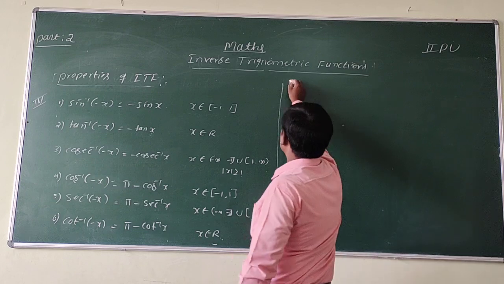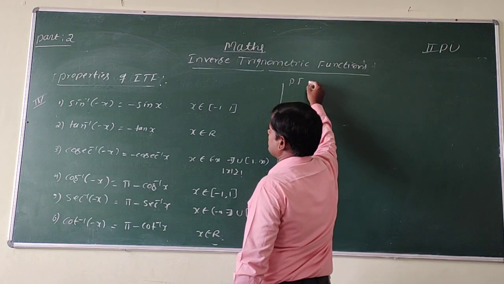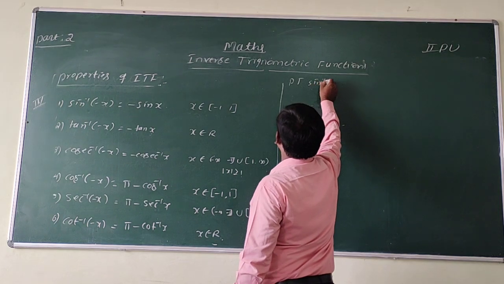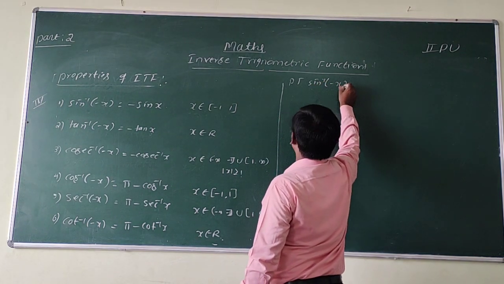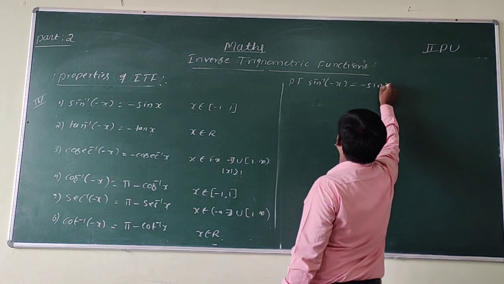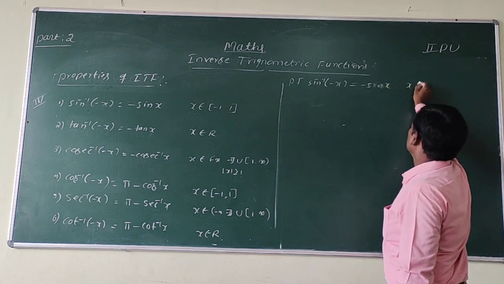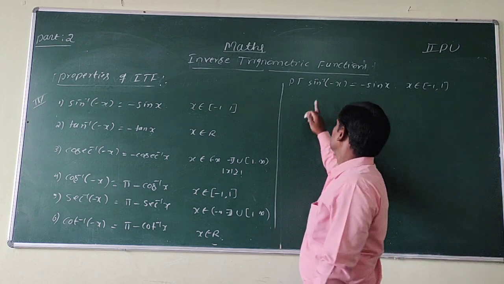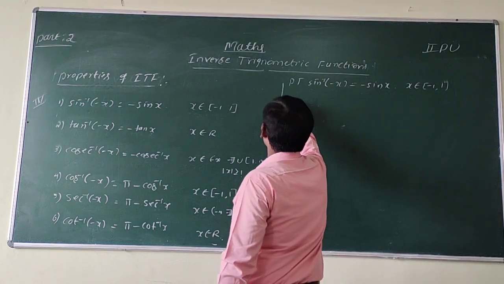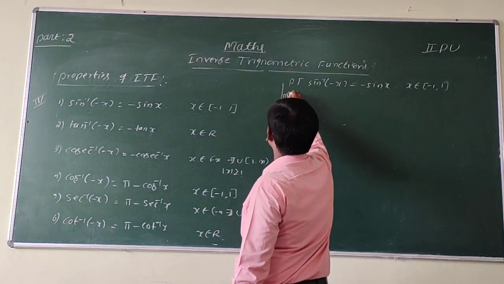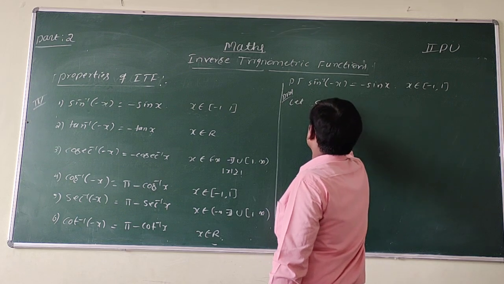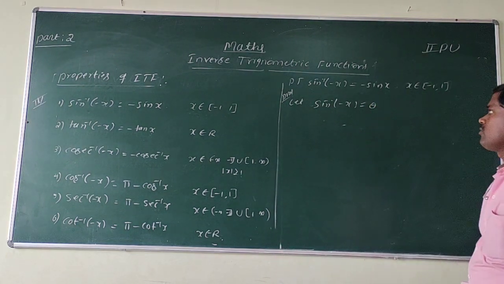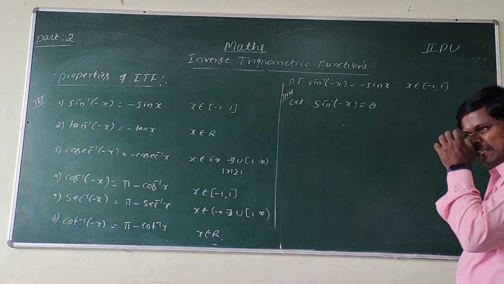The first one is: prove that sine inverse of minus x is equal to minus sine inverse of x, where x belongs to minus 1 to 1. Okay. So let's prove it. Let sine inverse of minus x be theta.